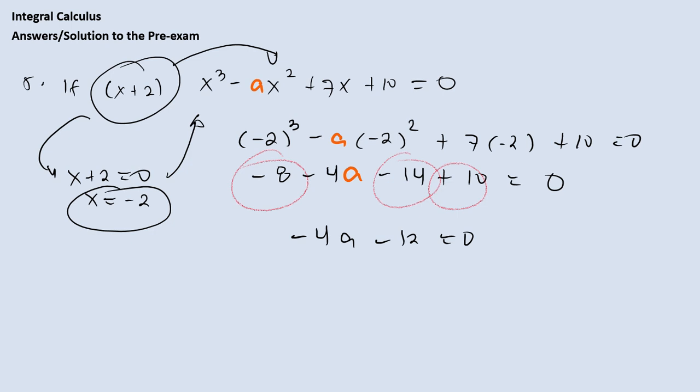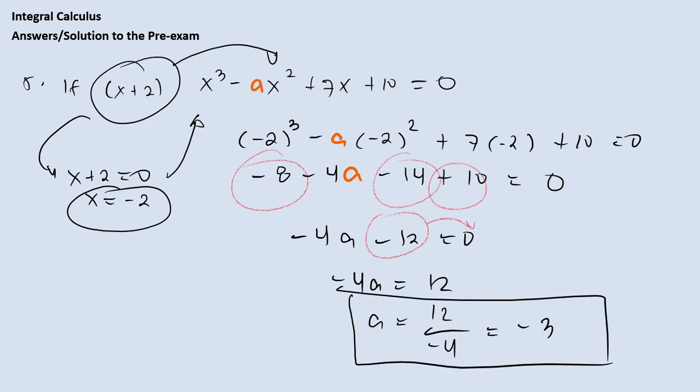Lipat natin itong negative 12 dito sa kabila. So this becomes negative 4a is equivalent to 12. So divide. A is equal to 12 divided by negative 4. Now obviously we have negative 3. So the answer is negative 3. That's the value for a.